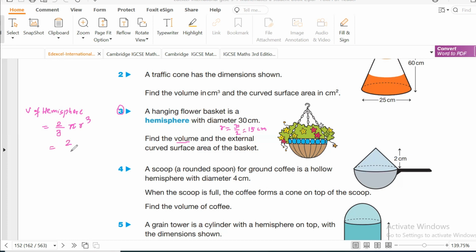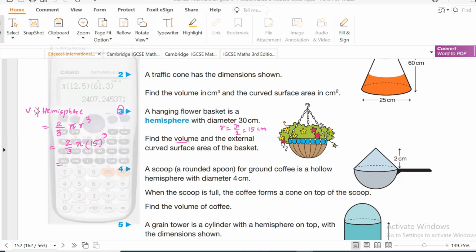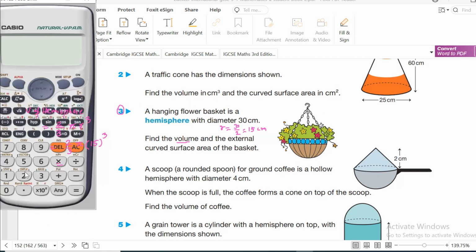So 2 over 3 pi r, r is 15, so 15 cubed. Straight away we can check in the calculator. First we have 2 over 3 multiplied by pi, shift, press this button, and then r cubed means 15 power 3.